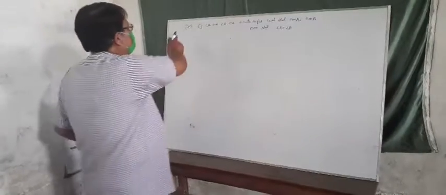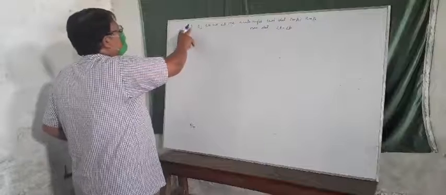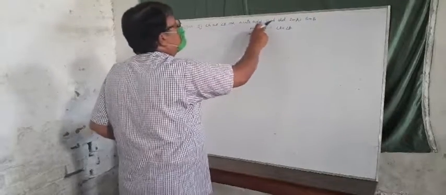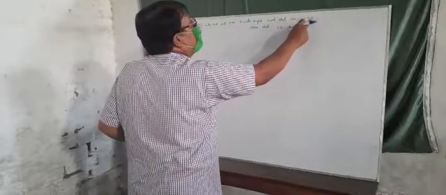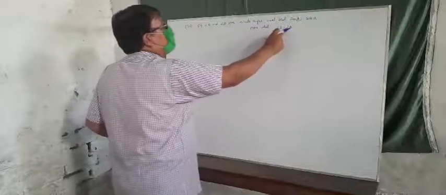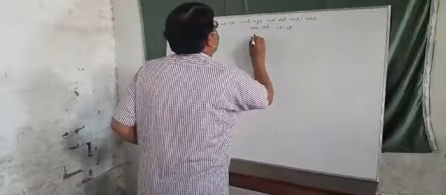We take problem number 30, exercise 10. If A and B are acute angles such that sin A equal to sin B, then we have to prove angle A equal to angle B. We will take a right angle triangle.